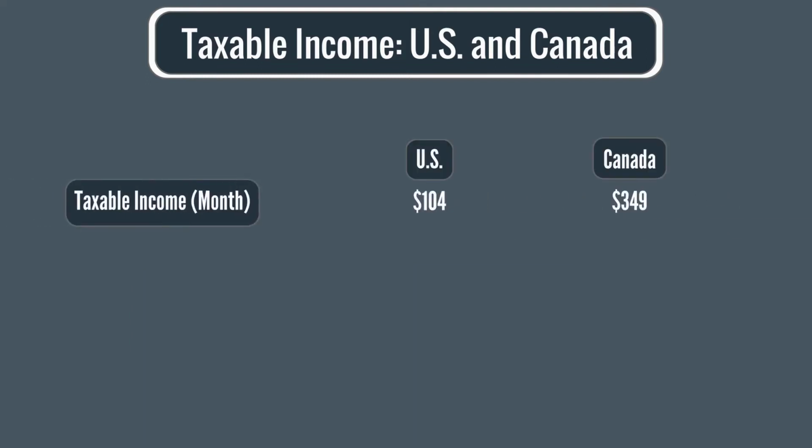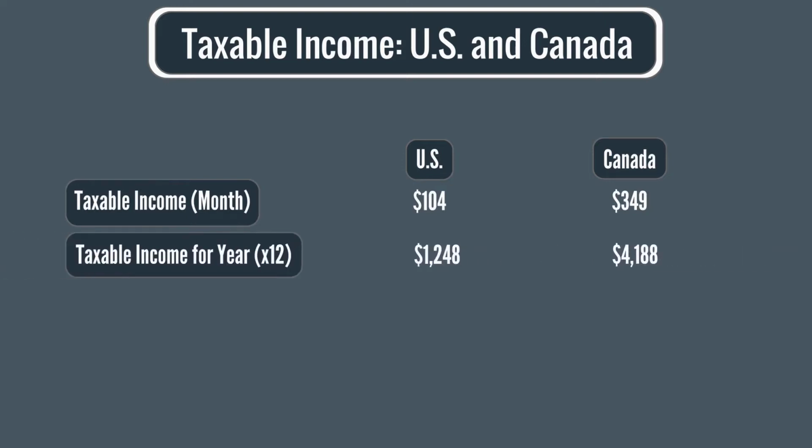Taxable income per month. Taxable income for the year. After accounting for expenses and depreciation, the taxable income for US purposes is $1,248, and for Canadian purposes is $4,188.